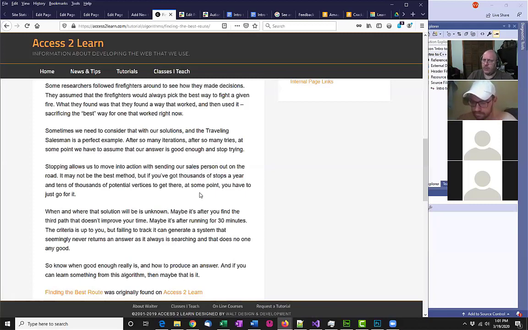Even though these problems have been around for a long time as far as computer science is concerned, there's still some interesting ways we can approach solving them using completely out of the box, different type of thinking that wasn't available to us 10 years ago. 10 years ago, the number of people who had smartphones with GPS turned on, or GPS in their phone at all, was relatively small. So we need to always be looking for other ways to potentially look at solving these types of problems as we go forward.